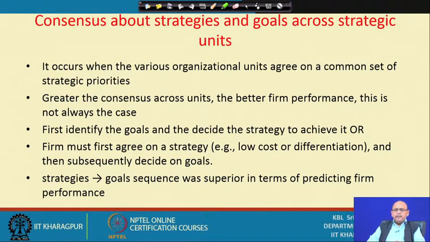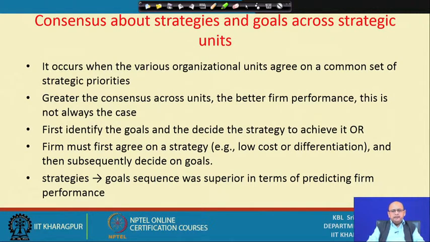So, you need to identify the goals and strategy for that particular unit, or you decide whether you want to have goals first or strategy later, right. So, there are two different contradicting opinions. First, you have an agreement on a strategy, whether you are going for low cost or differentiation or whatever it is, and based on this strategy you decide about the goal.